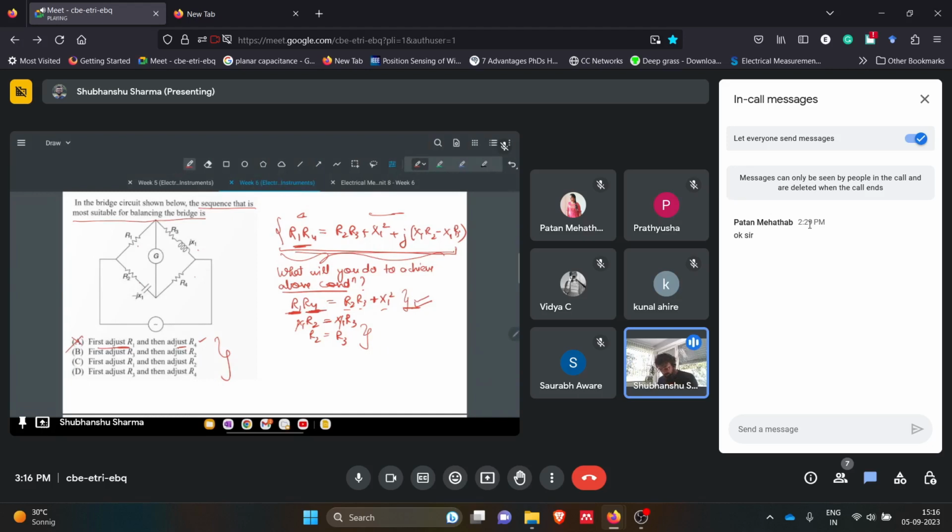Okay, let's see the third option. Again, it is adjusting R1 first, and then it is saying we adjust R2. So can this be the answer?